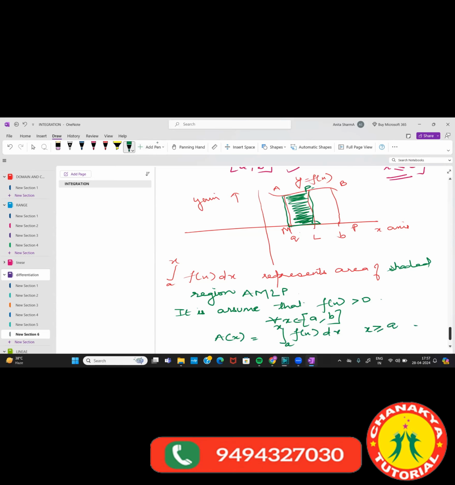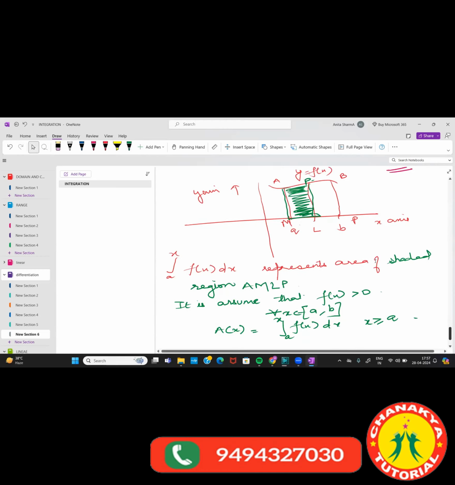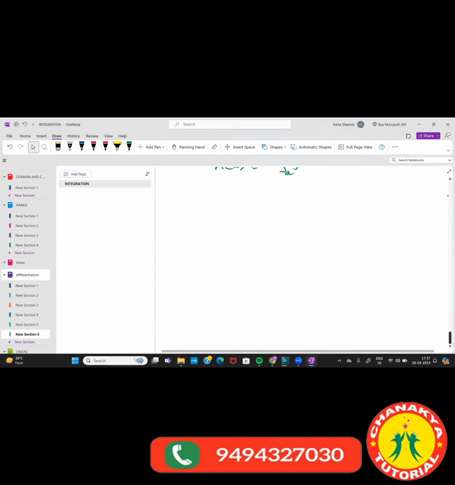So this is the condition. So the definite integral will be, and till partial fractions which we have studied till yesterday, that belongs to indefinite integral.